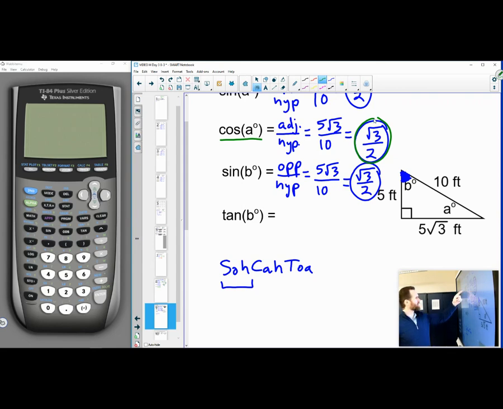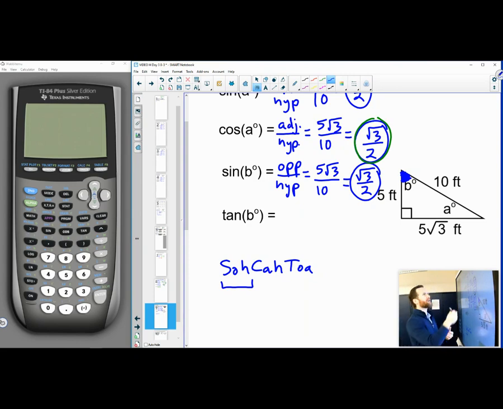So cosine of A degrees and sine of B degrees ended up being the exact same thing, which shouldn't surprise us all that much, because remember, if we change our reference angle, if we go from angle A to angle B, what changed? The hypotenuse stays the same, but the opposite and adjacent switch places.